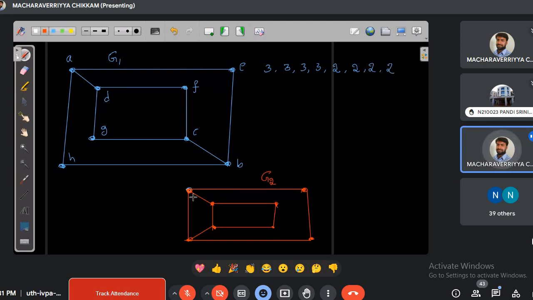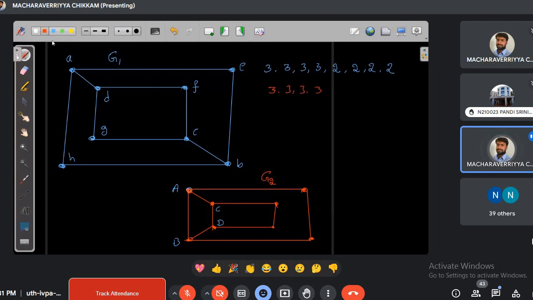Now let me come to this graph. So here, let me give some other names. Numbers are not good. Let me use capital A, capital B, C, D. All are having degree 3 only. 3, 3, 3, 3.